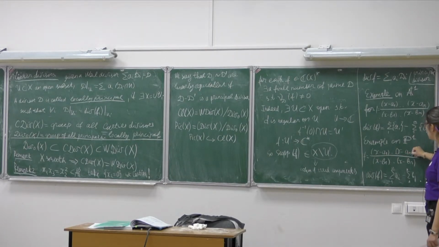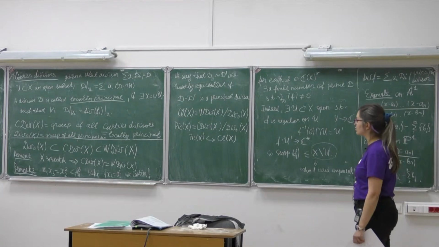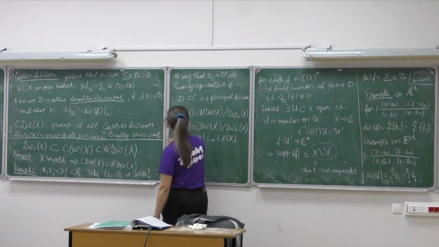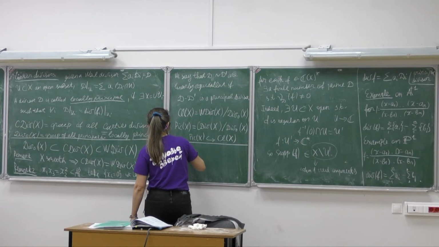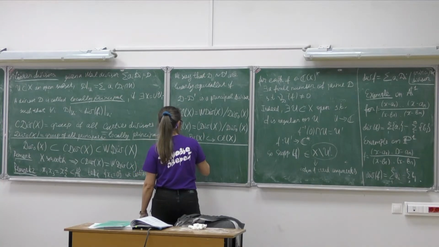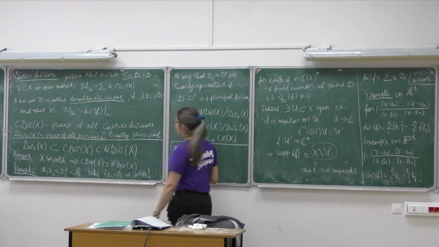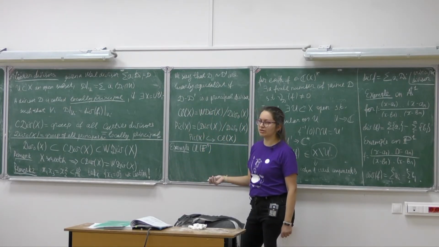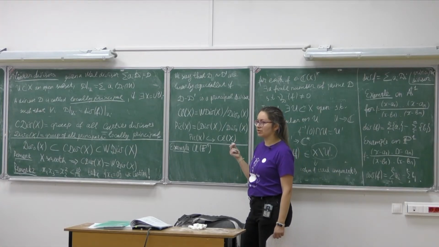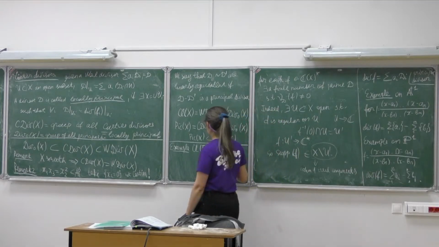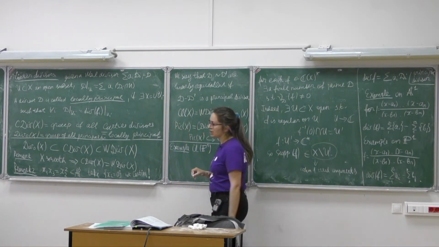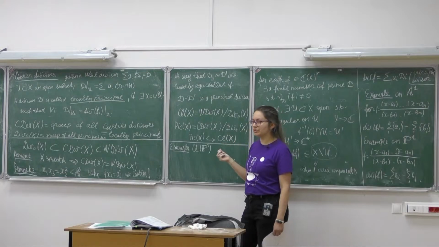On P1, what is the class group of P1? We said that principal divisors on P1 are just the combinations of points with zero sum, and Weil divisors are just any linear combination of points.